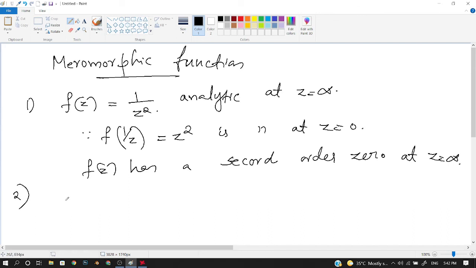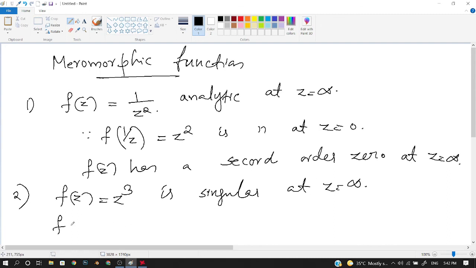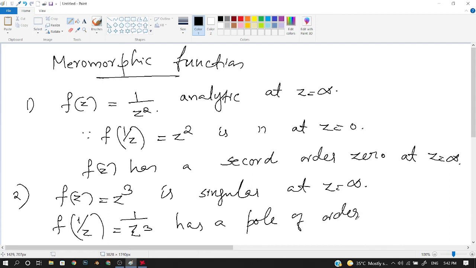Now consider the second one. f of z equal to z cube is singular at z equal to infinity. Why? Because f of 1 by z is 1 by z cube, which has a pole of order 3 at z equal to 0.